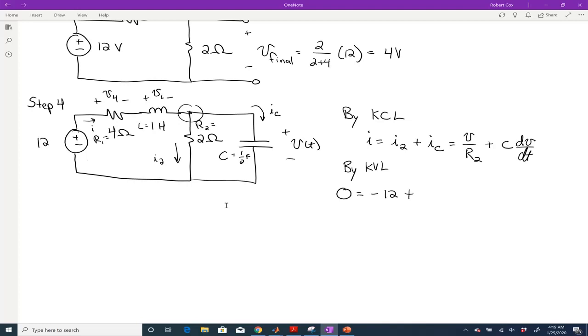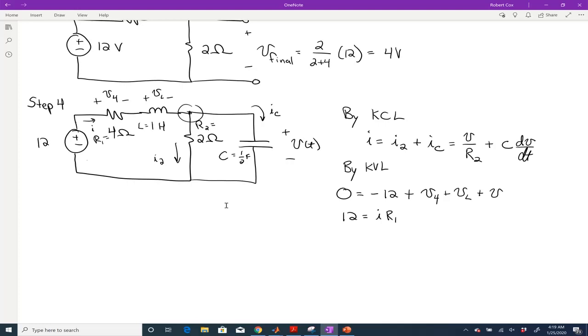Then I go plus to minus on the 4 ohm resistor. So I say plus V4. Then I go plus to minus on the inductor. That's plus V sub L. And then I go plus to minus on the capacitor. That's plus V. So this guy becomes 12 equals, so V4 I'm going to write as I times R1.